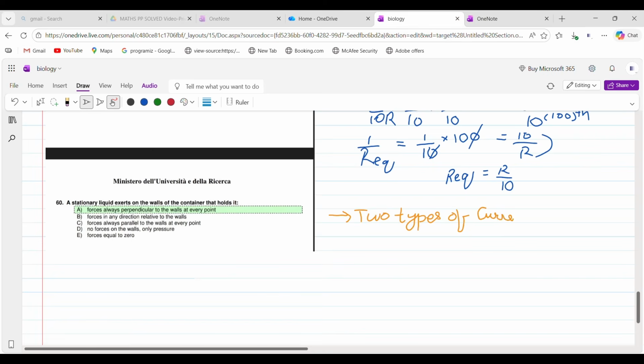The first type of current is conventional current, and I know you must have come across these two types when you were younger, okay? But if you have not, I'm telling you here. So we have conventional current and we have electronic current.